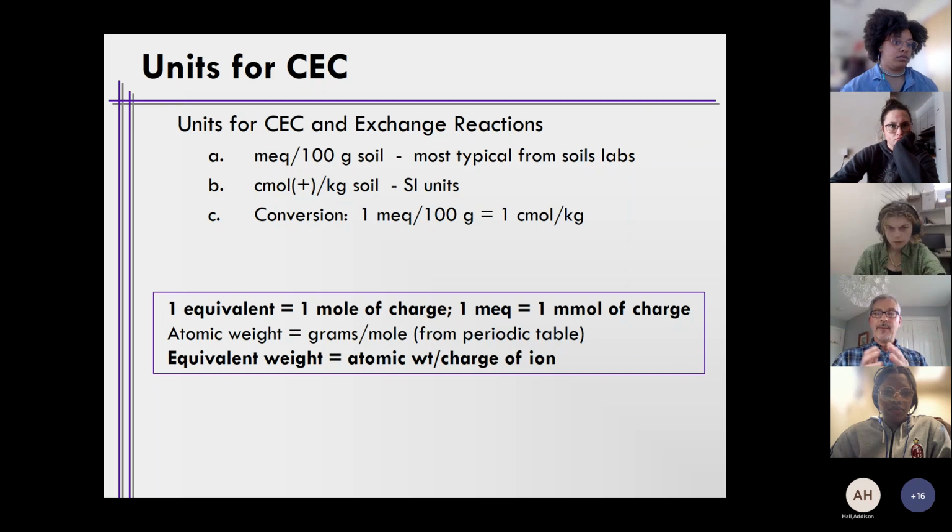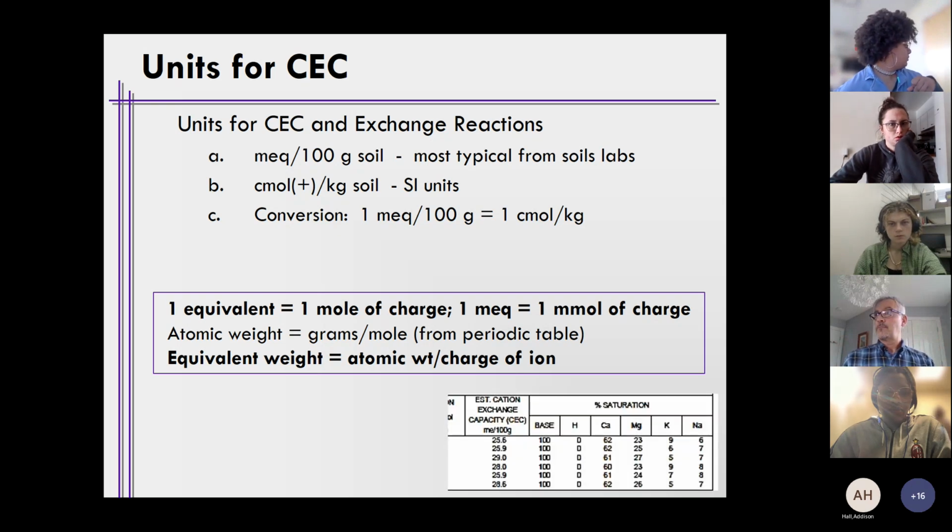It makes the amount of negative sites that will be satisfied by each one of those ions equal to one another. If this doesn't make sense now, I hope it will after we're done talking about this section in this unit.